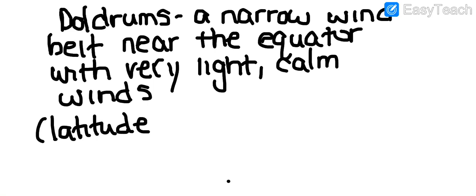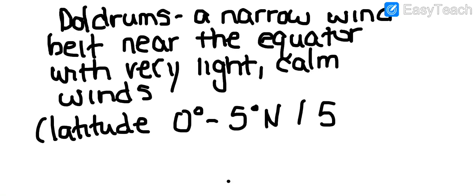And the latitude lines for those, it's from 0 degrees to 5 degrees north and 5 degrees south. Those are our doldrums.